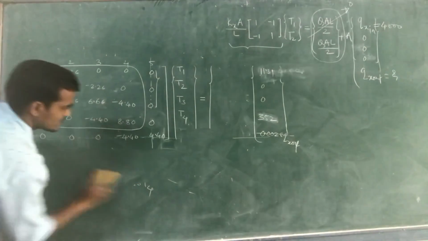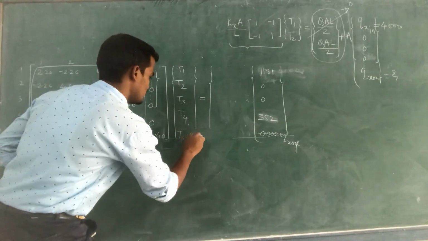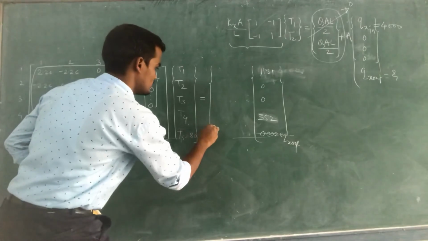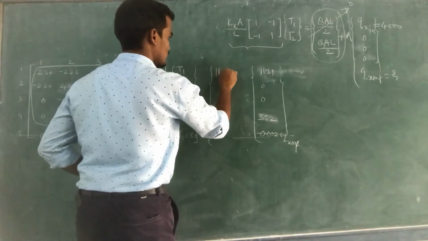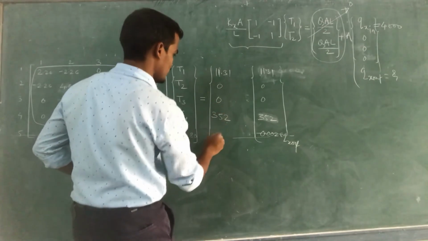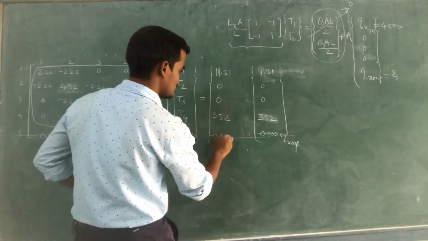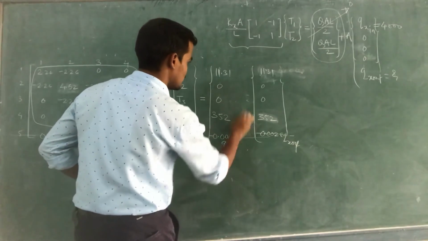So finally you can write here simply: this is your T5, which is equal to 80 degrees Celsius, the right hand side is 11.31, 0, 0, 352, and this is your minus 0.0028 Qx out.